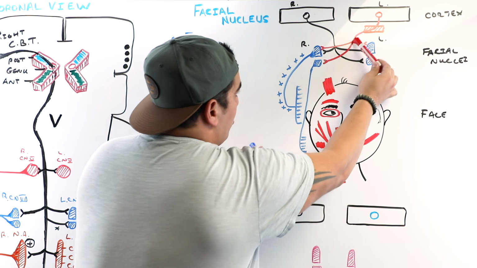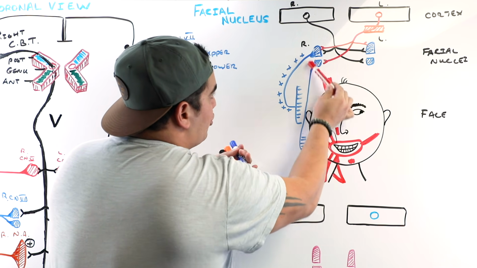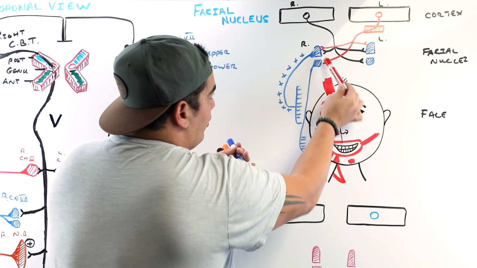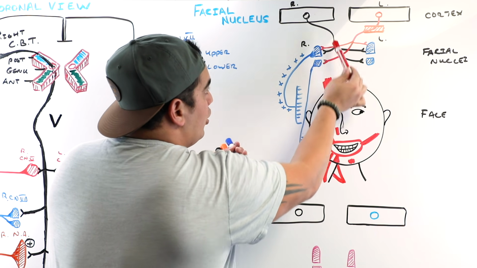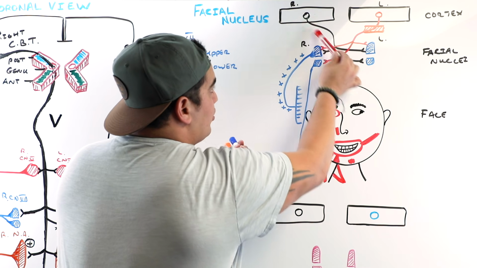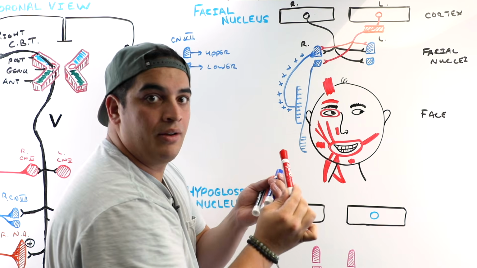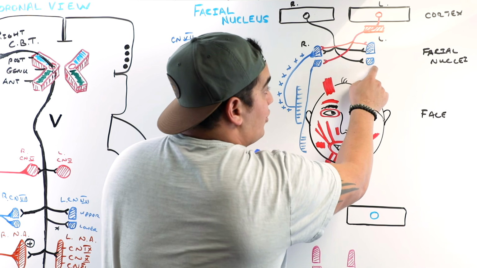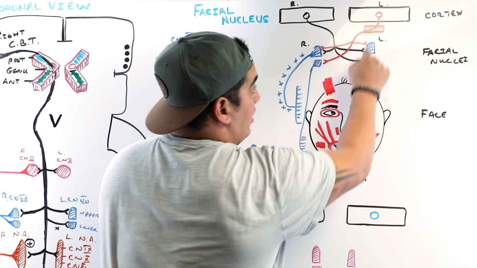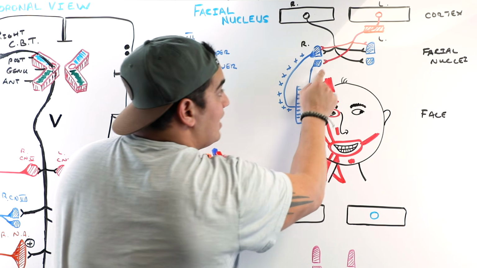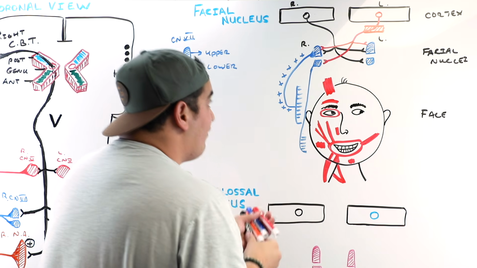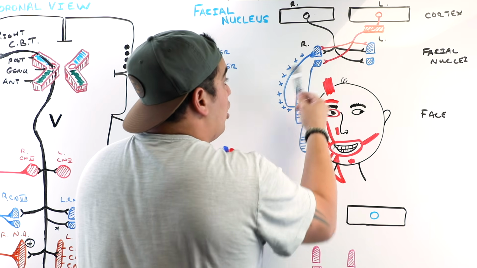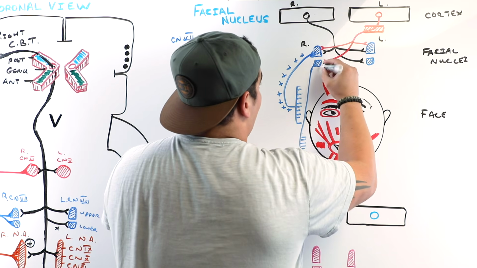This left corticobulbar tract is only going to the contralateral facial nerve nucleus on the lower aspect. Do you have the right corticobulbar tract giving any supply to that? No. Because these black fibers are only going to the contralateral side on the lower facial nucleus on the other side, you have no ipsilateral supply. So therefore, this lower aspect of the right facial nerve nucleus is going to be inhibited.